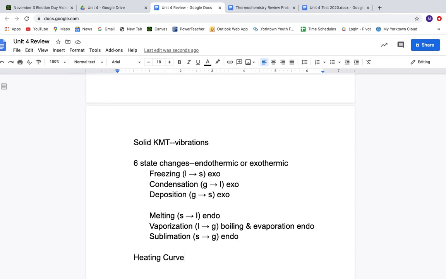So you should understand that heating curve, what the plateaus mean on that heating curve. And that's basically the energy is used for the state change.